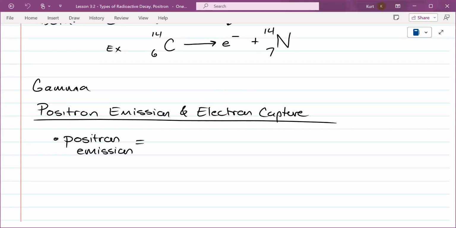Positron emission is exactly what it sounds like. A positron is emitted from the nucleus. And this is the vocab word that you'll be getting.